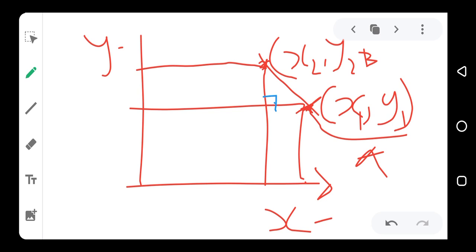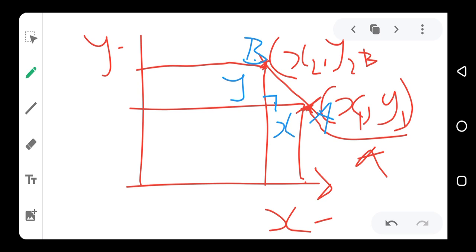Now, if that is the case, and we are looking for the distance between A and B, that is the hypotenuse, that is from here to here. Now, what we need to do is to find the value for this side and the value for this side.